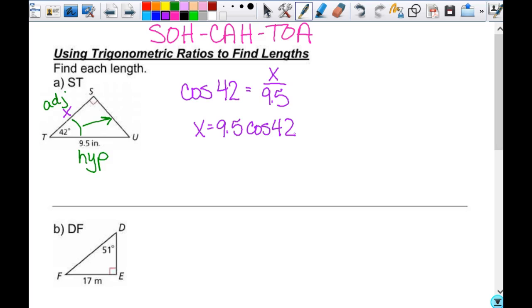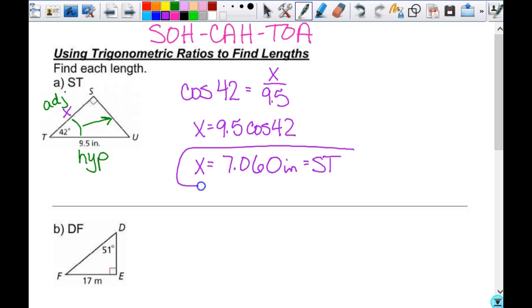And that should give you that x equals what? 7.060. Okay, that other 0 is important. That tells you that there's more stuff out there. What are our units here? Inches. Now we put x there. That's really the length of ST. Everybody good? Easy enough?